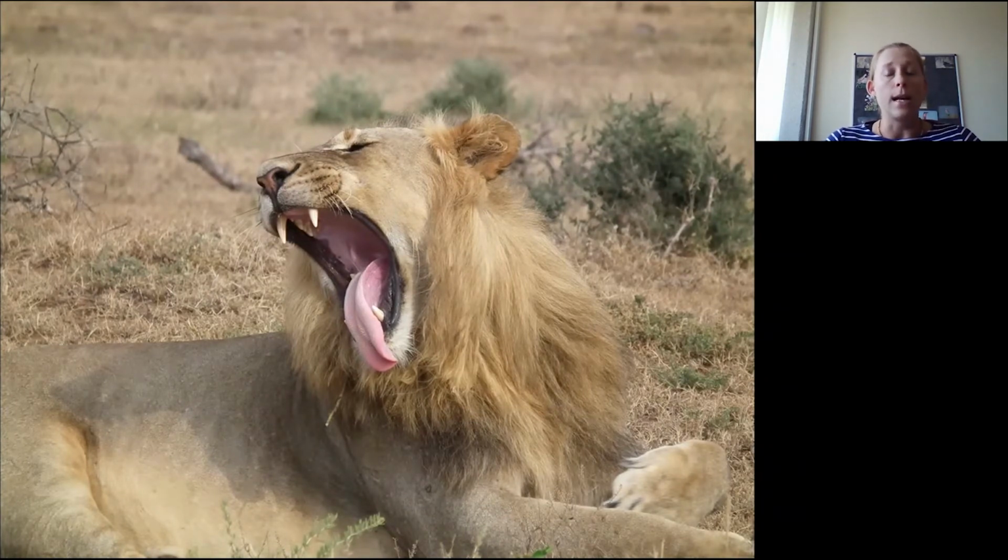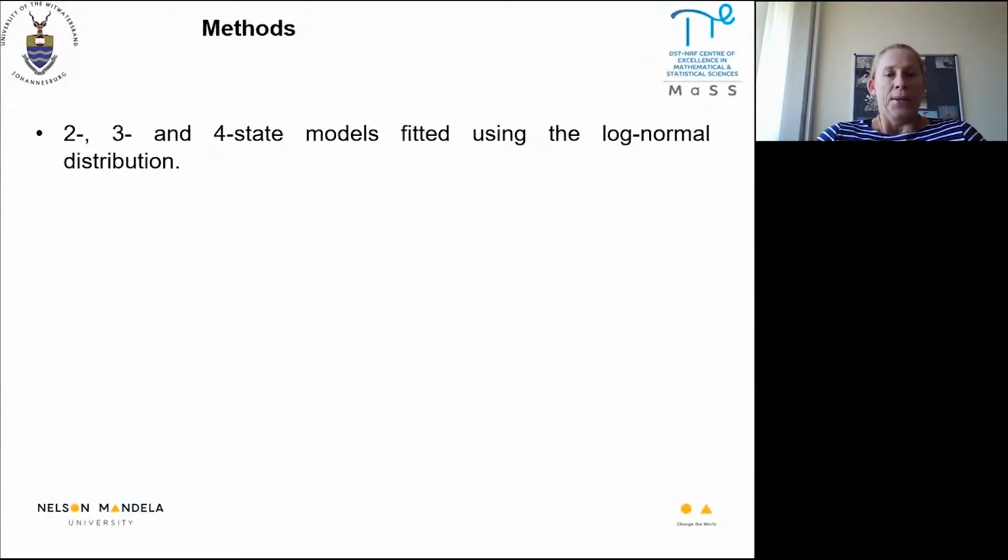So she is quite an active lion. We've looked at data for a lioness near Orpen, slightly further north, who seemed to do nothing during the day. She lay down and was very inactive. So this one was reasonably active.